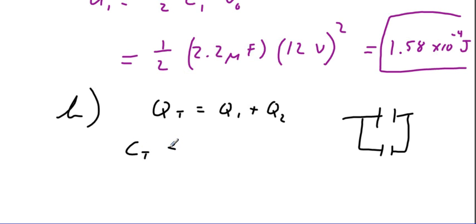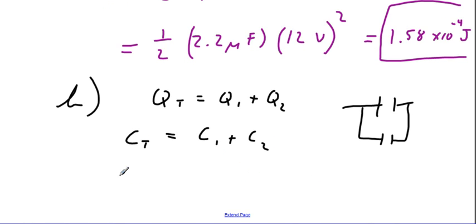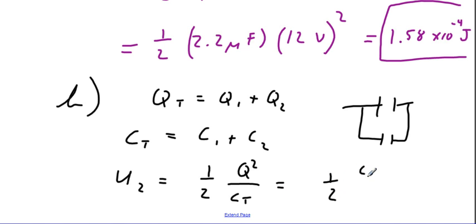So C total is going to be C1 plus C2. So the energy stored when I connect it was totally 1/2 Q squared divided by C total, which is going to be 1/2 C1 squared V naught squared divided by C1 plus C2.